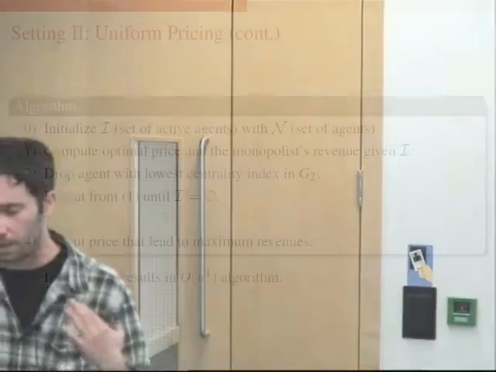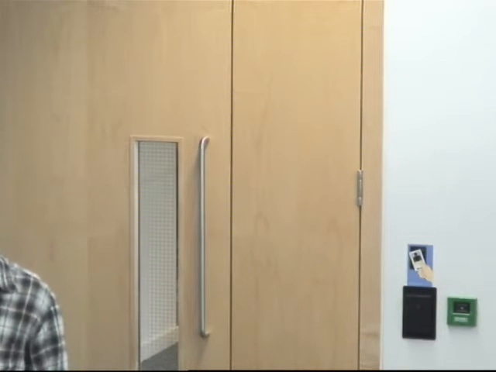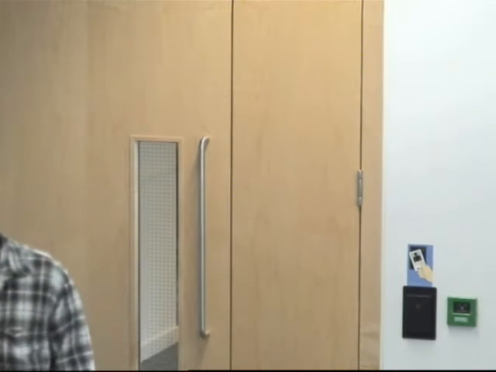And the algorithm pretty much does the following. We start with the set of active agents being all agents, okay? And as we increase the prices, we drop the agents with the lowest centrality indices. And you can show that once you drop an agent, it's never optimal to bring him back, okay? So what exactly is centrality here?